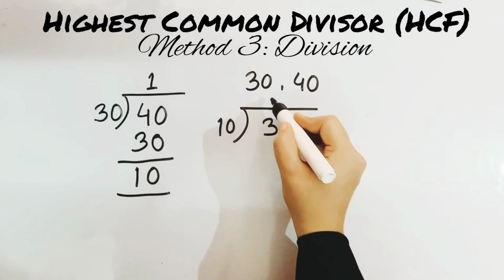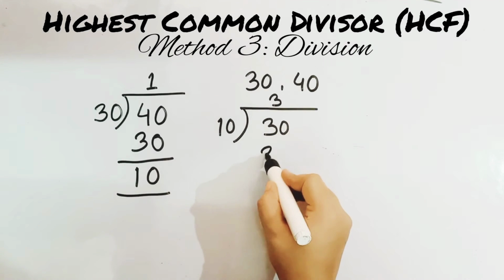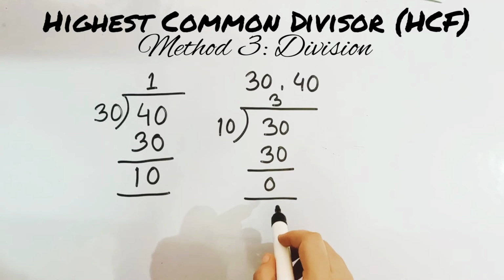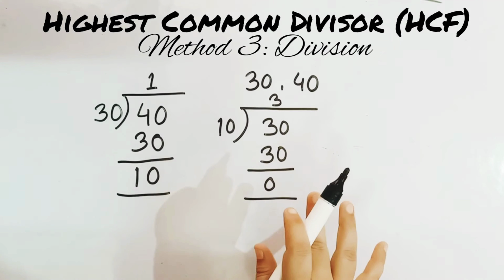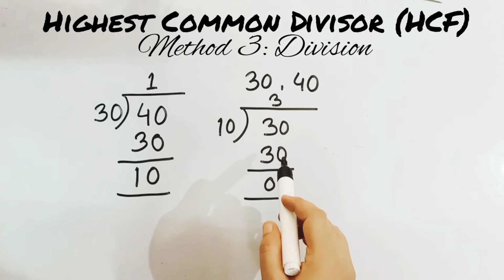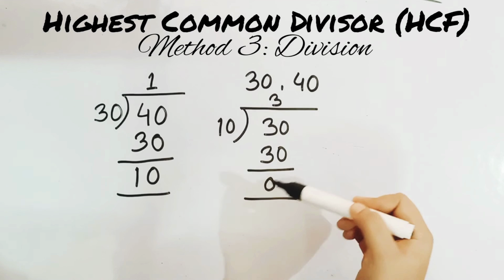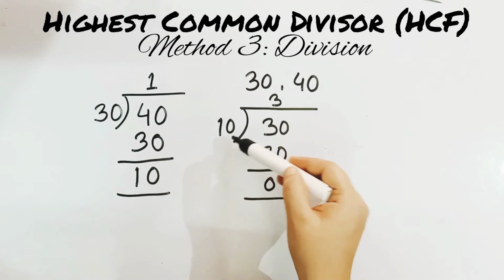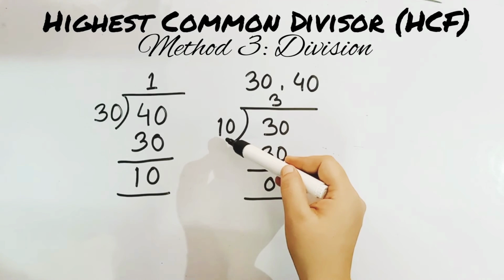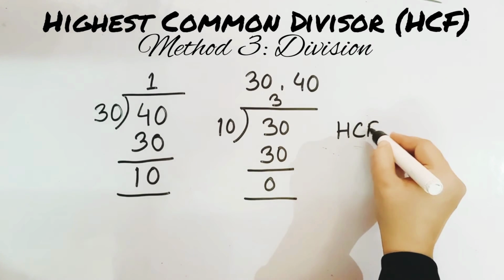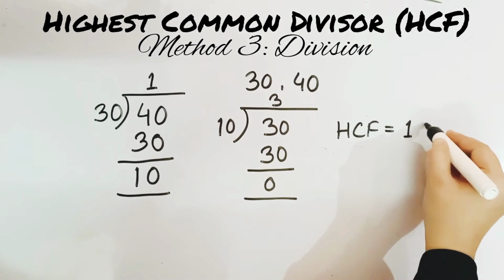Now 10 times 3 is 30 and the remainder is 0. Since we got the remainder as 0, we will stop here. The divisor of the step in which we get remainder 0 will be our answer. So the HCF of 30 and 40 is 10.